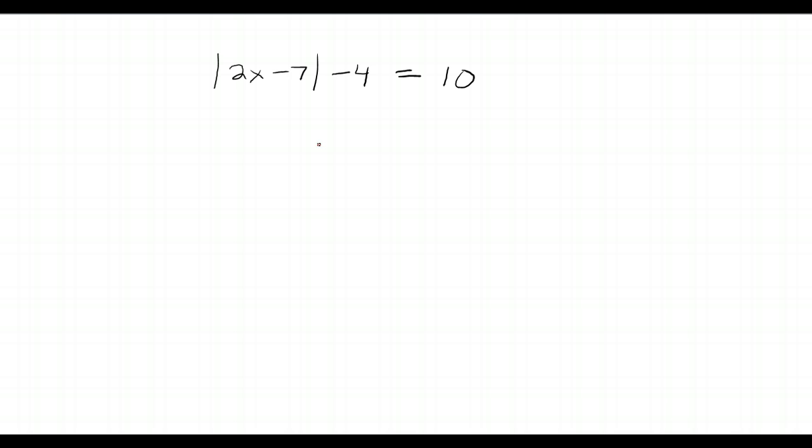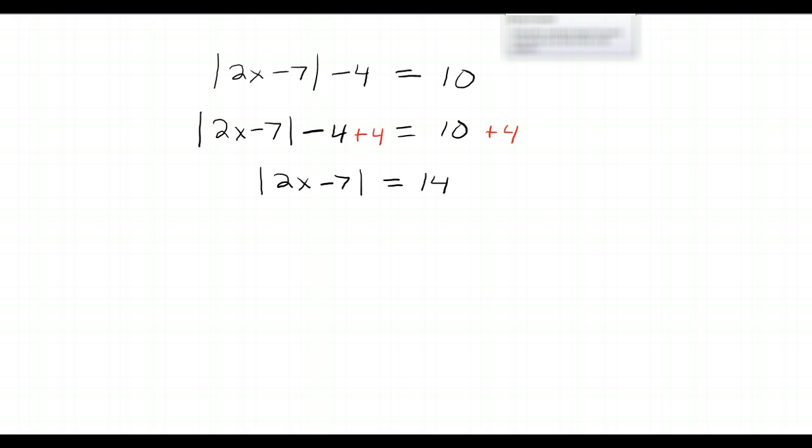Just want to make a quick comment about absolute value equations because sometimes they will have something that's outside the absolute value symbols. And now, before you can break this down into 2 separate equations, you have got to isolate the absolute value. That means you've got to get rid of that minus 4 first.